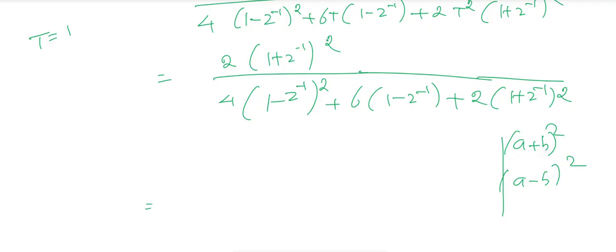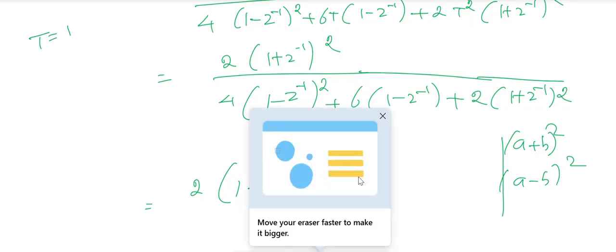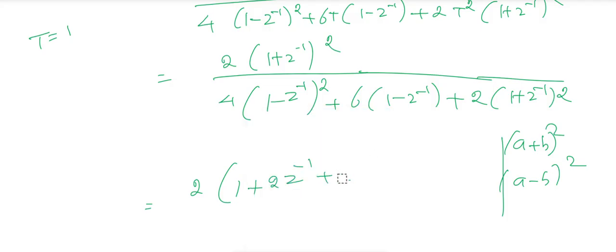2 into a square plus b square plus 2ab, which gives 2 plus 4 z inverse plus z minus 2 for the numerator term.